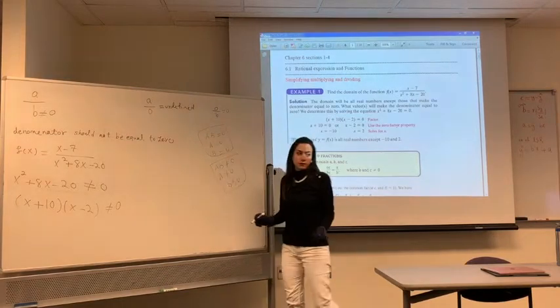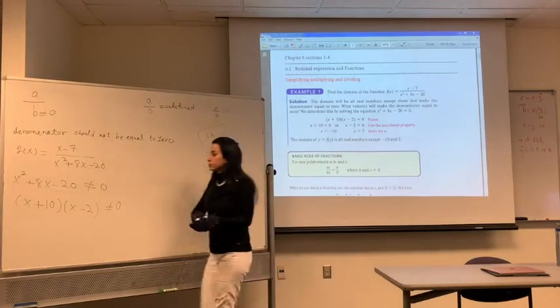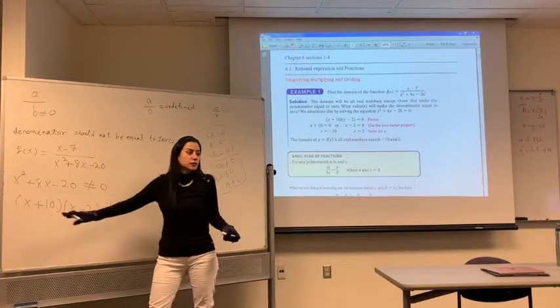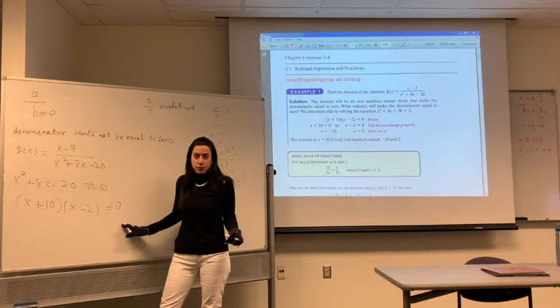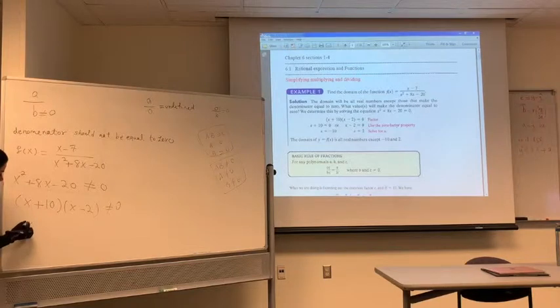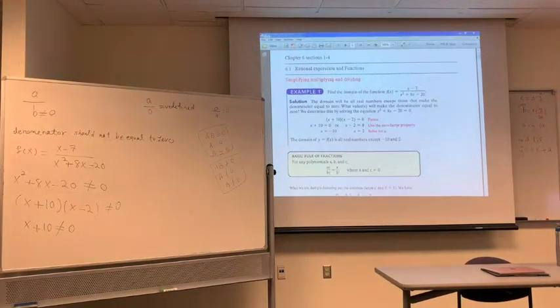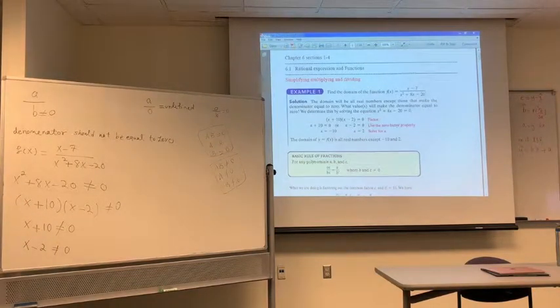So what is the purpose of these formulas? Now we want to say this parenthesis is not equal to 0 and this parenthesis is not equal to 0. So x will not be equal to some specific number here, and also x will not be equal to a specific number here. So we say x plus 10 should not be equal to 0, and x minus 2 also should not be equal to 0, right?